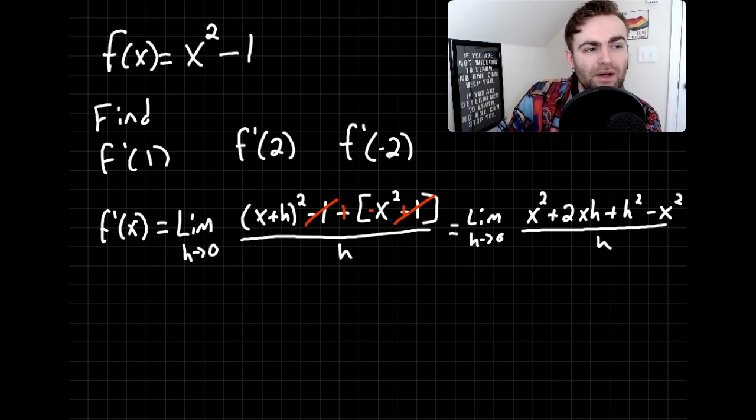We can see some other things cancel out. We have a positive x squared and a subtract x squared, so those would cancel, leaving us with two terms that both have h in the numerator and then just a sole h in the denominator.